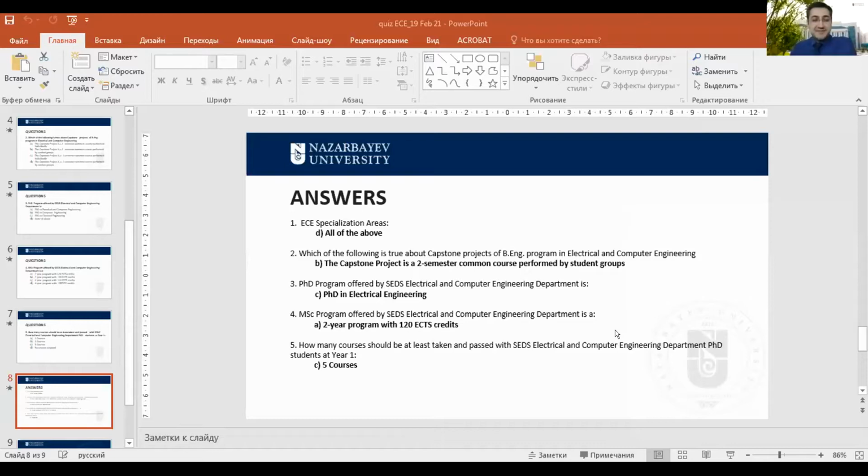Dimash and Almas, have they given all the answers correctly? No, the second one was a mistake. I proposed to choose them because we don't have all the right answers. I see. Because Patu is writing that he has got 4 correct answers as well. So the third one will be Patu. But please write me your emails, or you can write to me directly. You can write to SEDS. I'll write the email again. Please contact me.